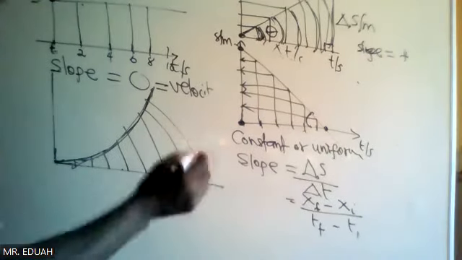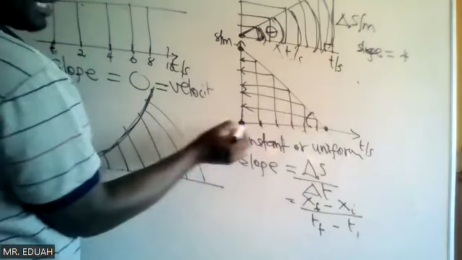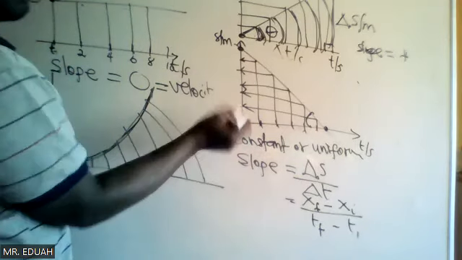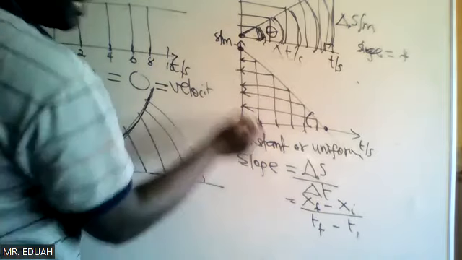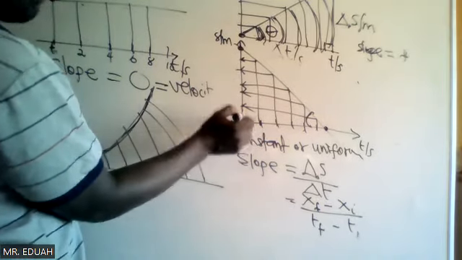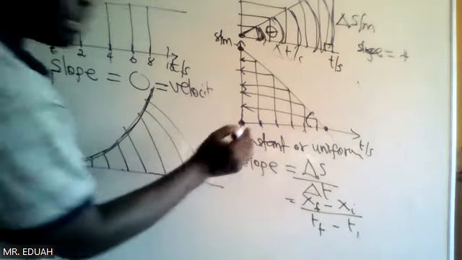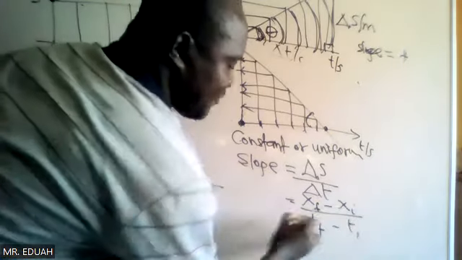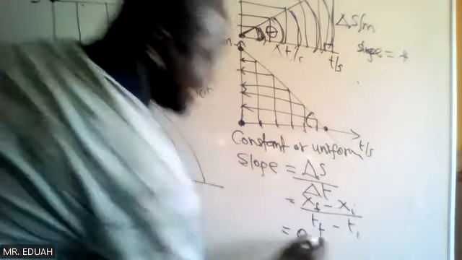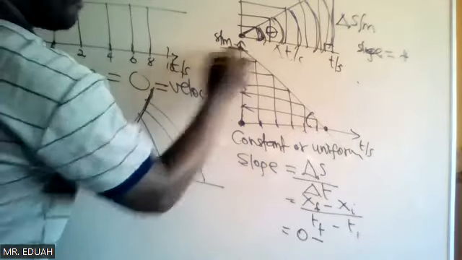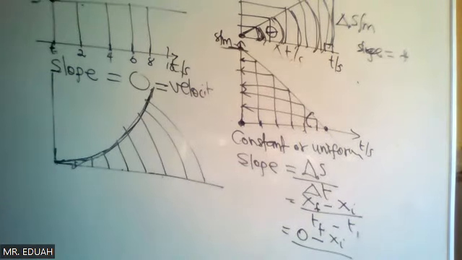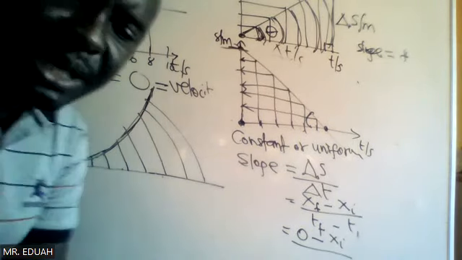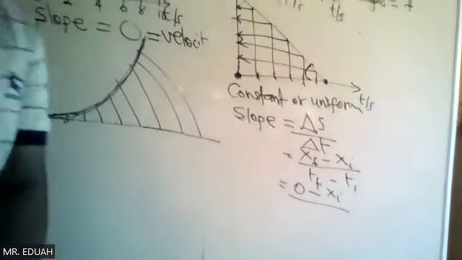So when we calculate, the final displacement can be anything less than the maximum, or 0. If the body has come back to the fixed point, then x final can be 0, minus the initial maximum value, xi. Over the time, which is always positive because time is a scalar quantity.